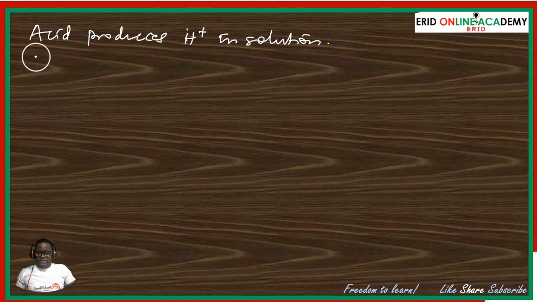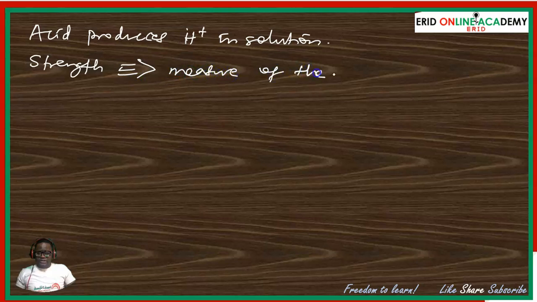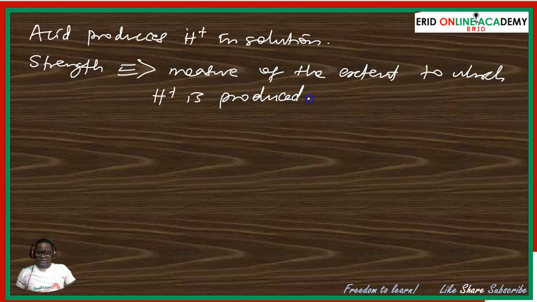Therefore, the strength of an acid will be a measure of the extent to which the hydrogen ion is produced. Now, basically, this is what is known as acid dissociation or the dissociation of an acid.